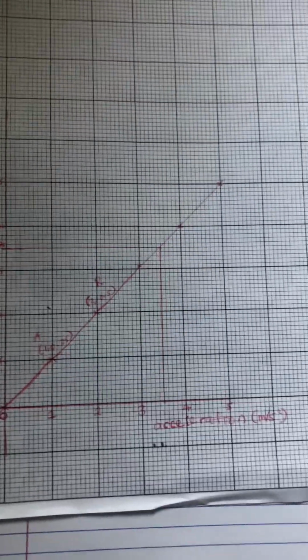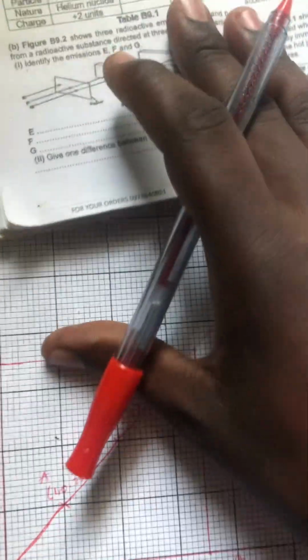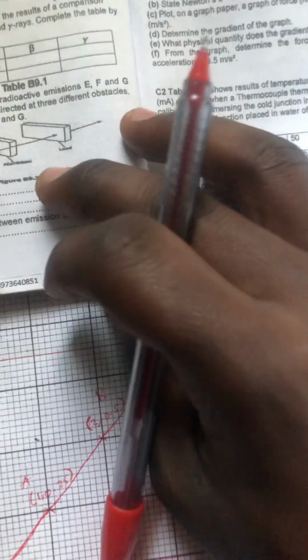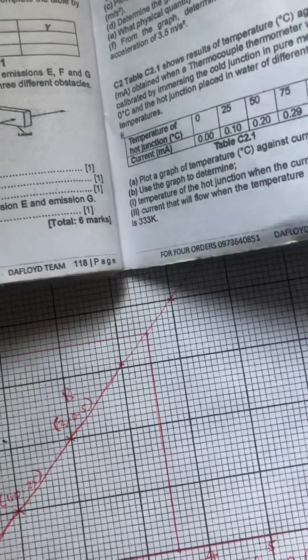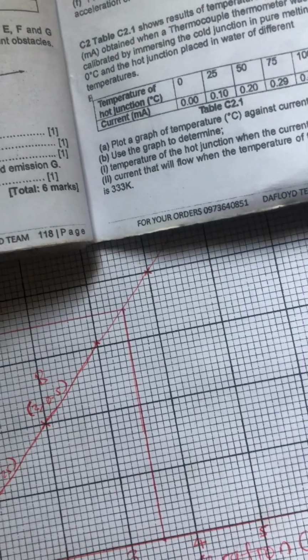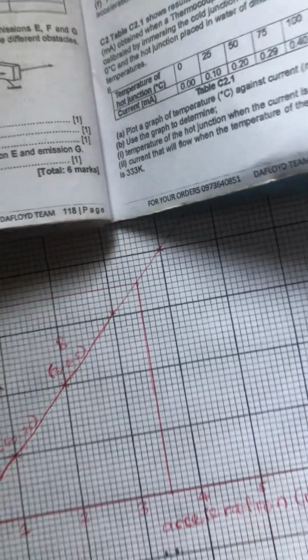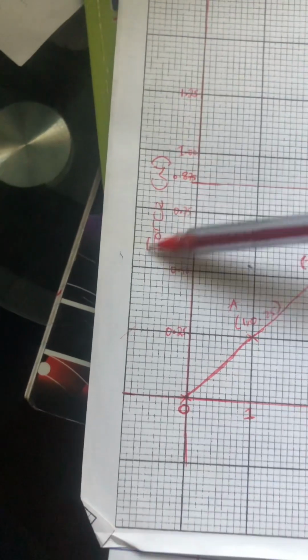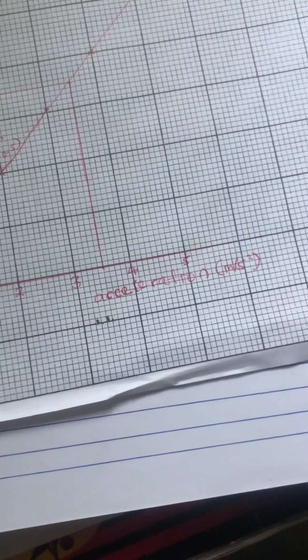The first thing that you should do when you are working with a graph, let me take you through the steps. The first thing that you should do, learners, is that you should be able to understand this point. They are saying plot a graph of force against acceleration. So which means this side we're going to put the forces, and this side we're going to put the acceleration.